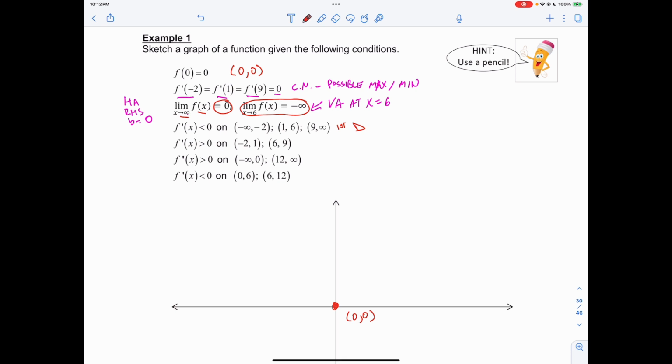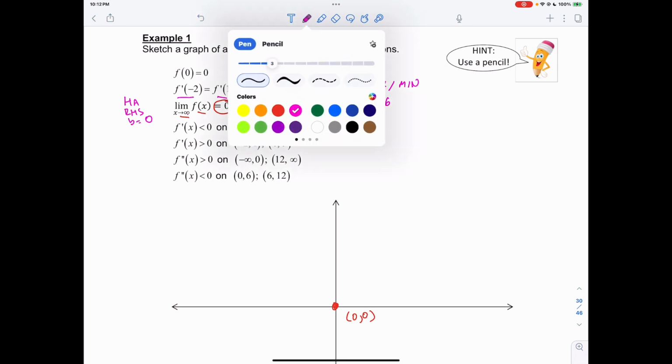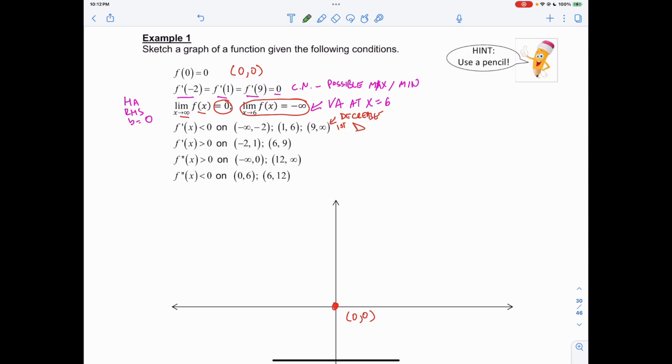This is showing us our intervals of decrease. When f prime of x is greater than 0 on negative 2 to 1 and 6 to 9, this is showing us our intervals of increase.